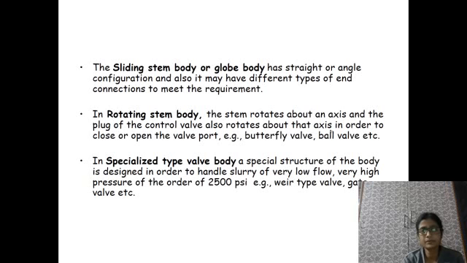Rotating stem rotates about an axis, and the plug of the control valve also rotates about that axis, a screw-like structure, in order to open or close the valve. A specialized valve body is a special structured body designed to handle special slurry of very slow flow rate or very high pressure, like the gate valve type. These are specialized valve bodies.